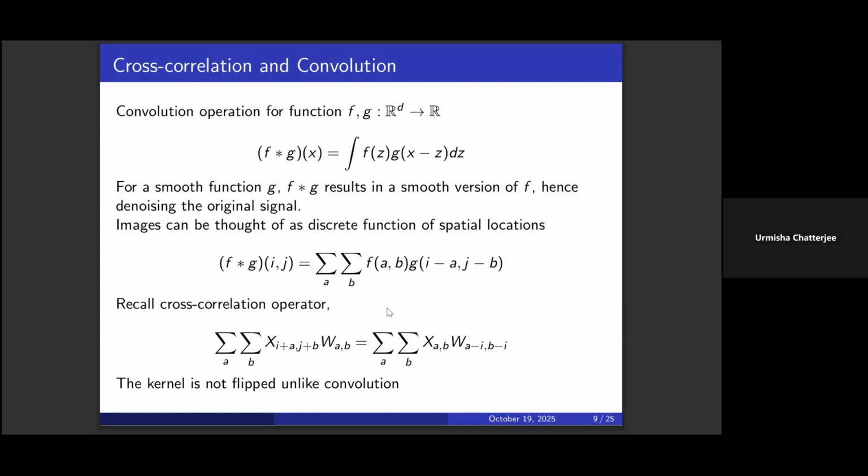They look almost similar, except there is a difference in the flipping of this smooth signal. In convolution it flips one way, and in cross correlation it flips the other. There is a slight difference between the two, but the main purpose of both operations is the same. In practice, it is originally the cross correlation operation that is done, not the convolution operation. However, it is termed convolution for simplicity.